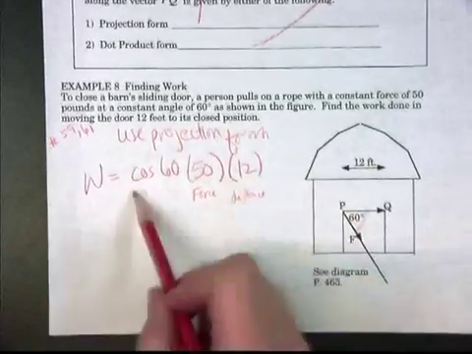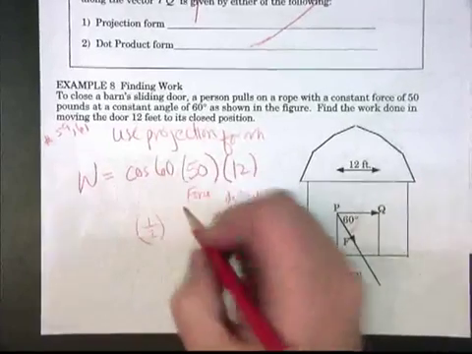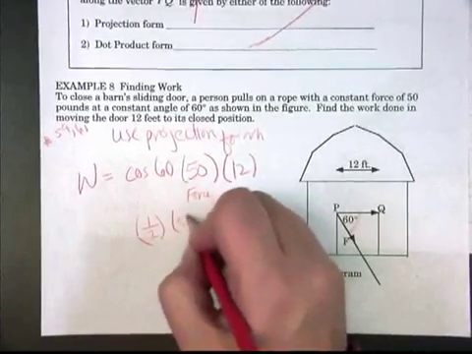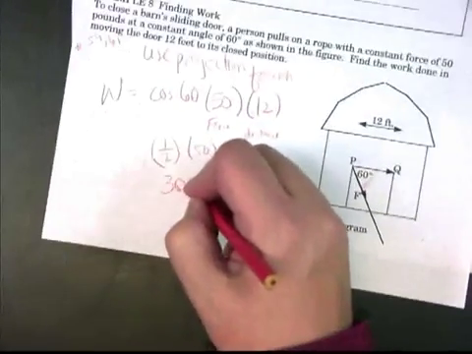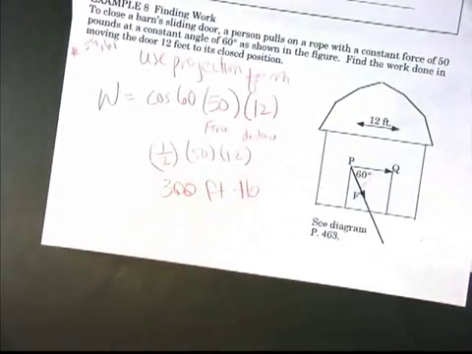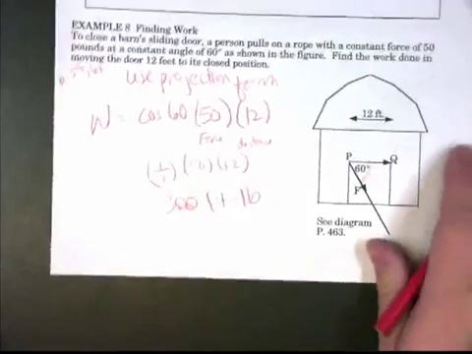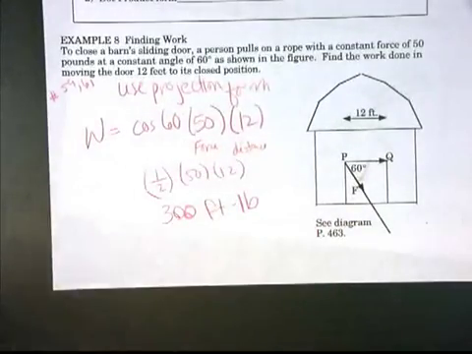So multiply those, stick it all into the calculator, or we know 1/2 is cosine of 60, but you could use your calculator as well, and you get 300 foot-pounds. So like I said, you're going to use that in your homework problems number 59 and 61 on the assignment. So that takes care of the second part of 6.4.